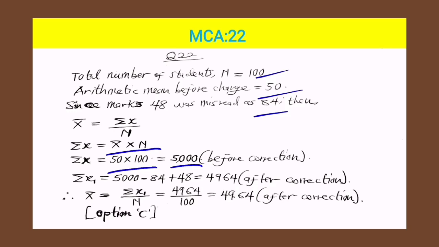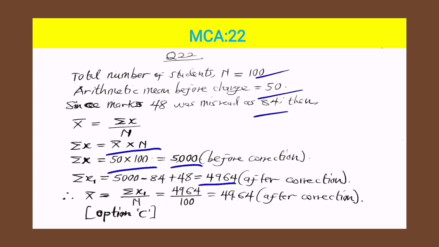So to correct it, you subtract the misread value, which was 84, from the total marks of 5,000, and you add back the original value, original marks, that was 48, to the total marks, and that will fetch you 4,964. That will be their total marks after the correction.